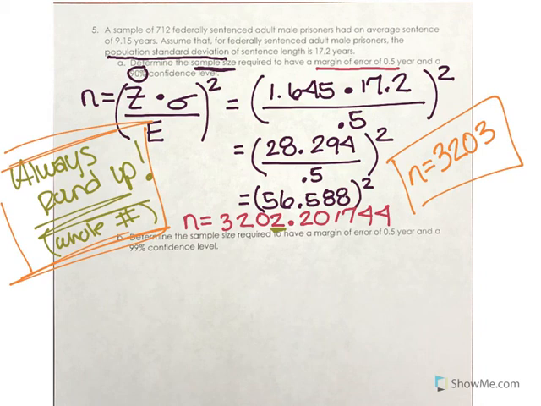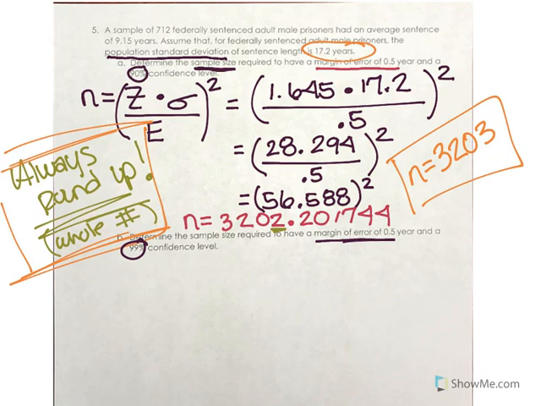Let's look at part B. It wants you to find the sample size that is required to have a margin of error of 0.5 again. That's our margin of error. But this time we're doing a confidence interval of 99%. So we're still using that population standard deviation of 17.2.